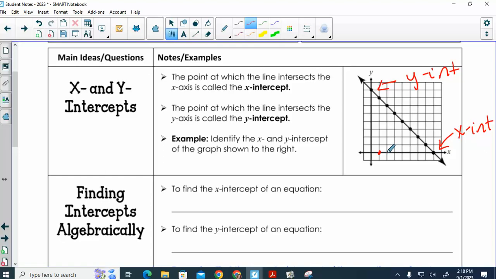This would moved over 2 and it's 0. This would be 3, 0. This would be 4, 0. So every point on the x-axis, what's true about the y value? It's equal to 0. So to find the x-intercept, we just plug in 0 for y.